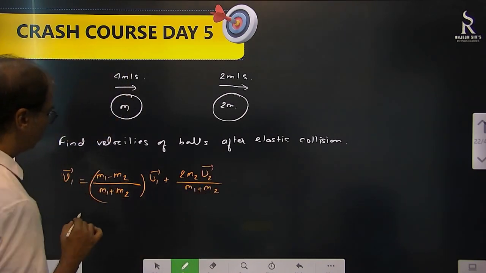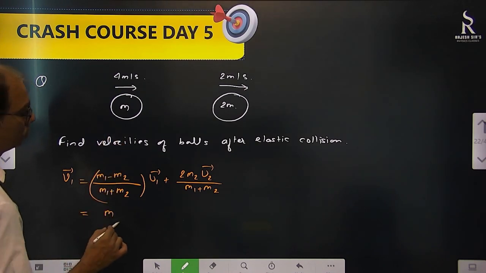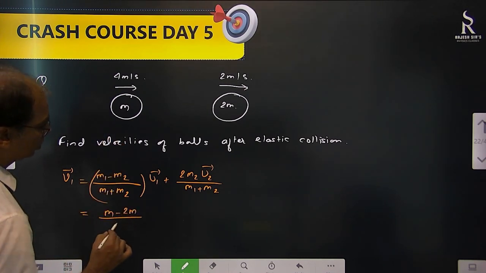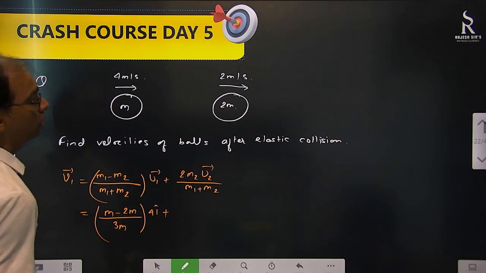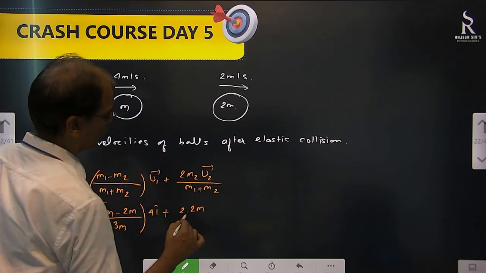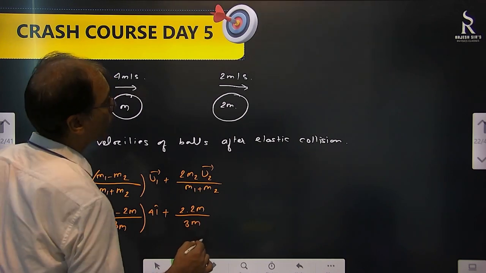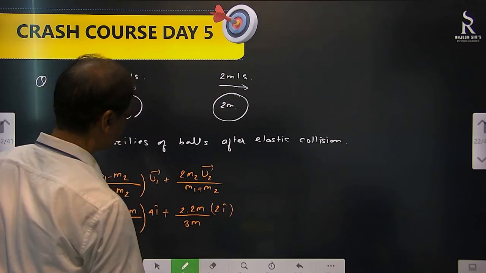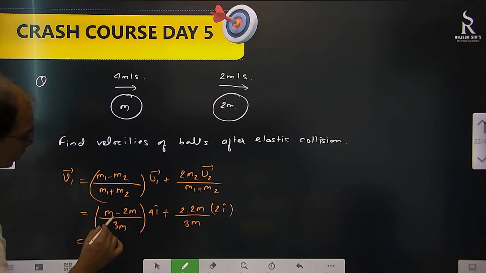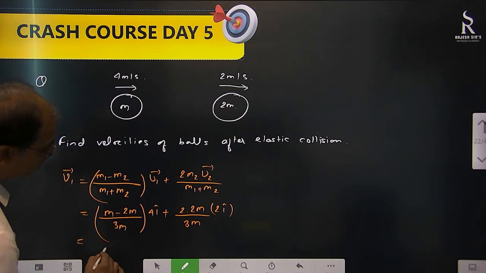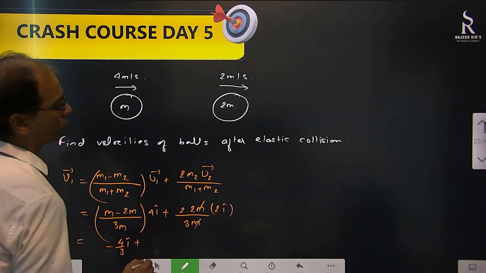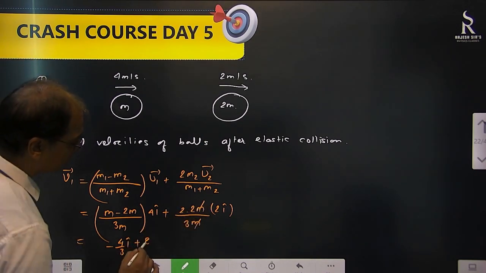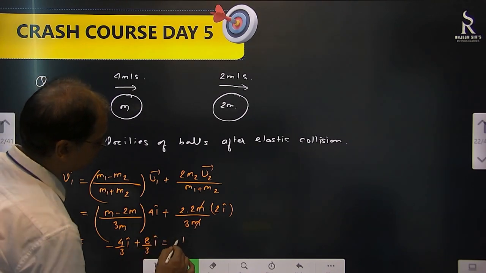Let's put it in. m1 is m, m2 is 2m, m plus 2m is 3m. u1 is 4 i cap. Plus 2 into 2m by 3m into u2, that is 2 i cap. Minus m by 3m, that is minus 1 by 3, so minus 4 by 3 i cap. Plus, the m cancels, 2 into 2 into 2, 8 by 3, so 8 by 3 i cap. So it becomes 4 by 3 i cap.